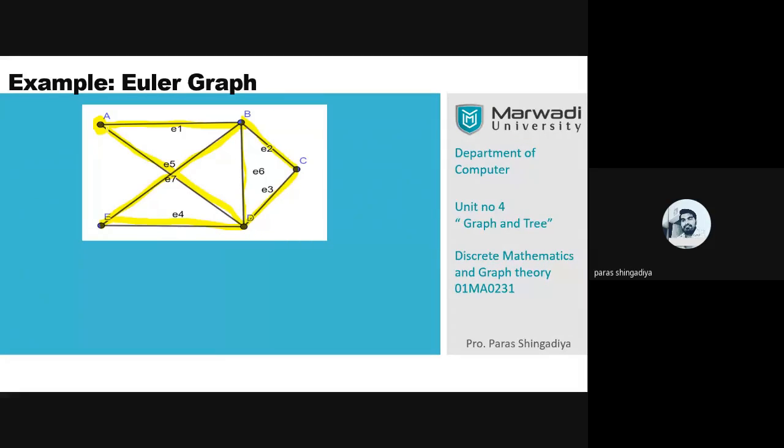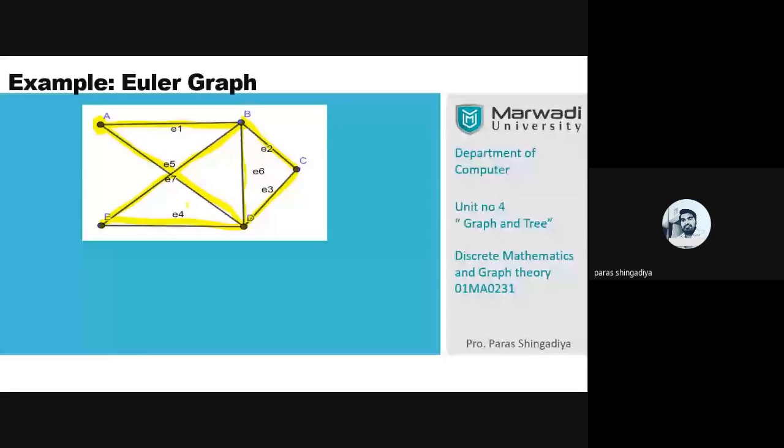So that covered all the edges of the graph G exactly one time in such a closed walk. That type of walk is known as an Euler line, and this graph is known as an Euler graph.